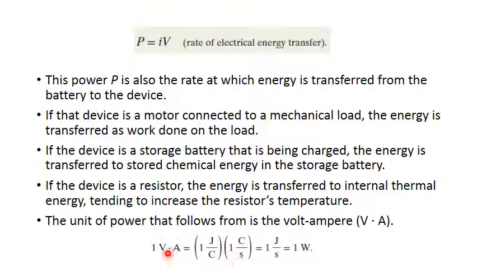So effectively, volt ampere is joule per second, which is actually the unit of watt, the unit of the power.